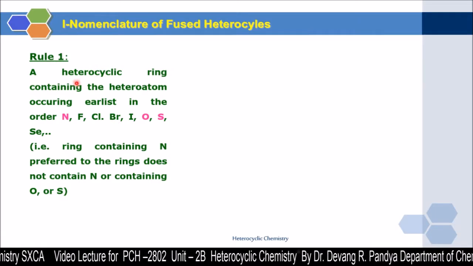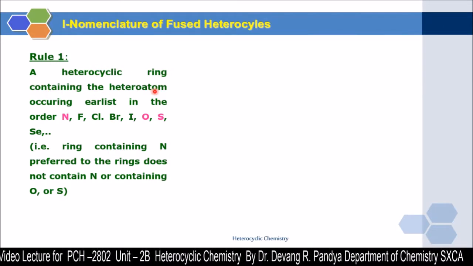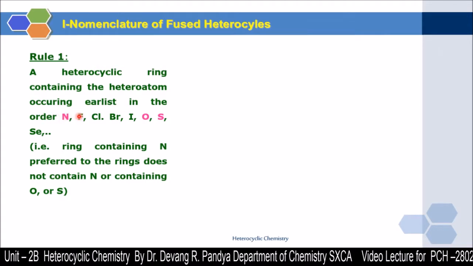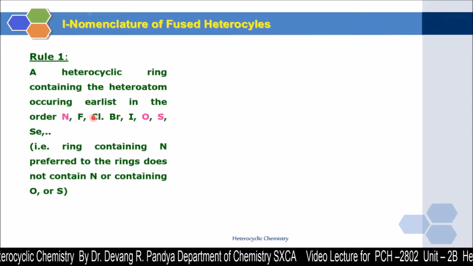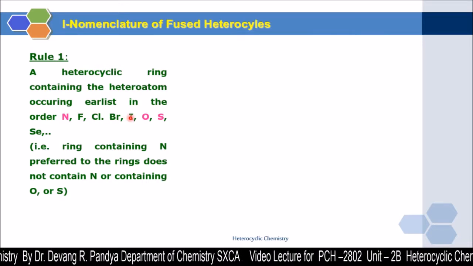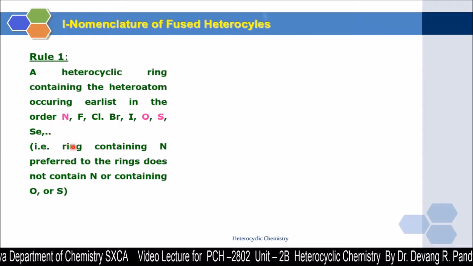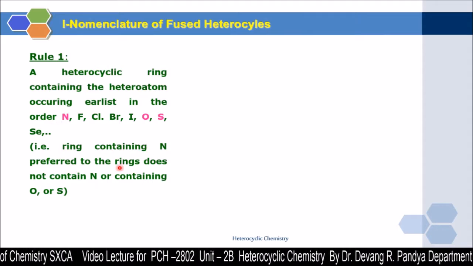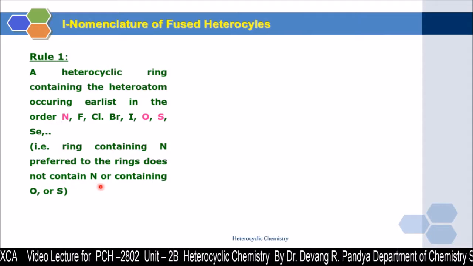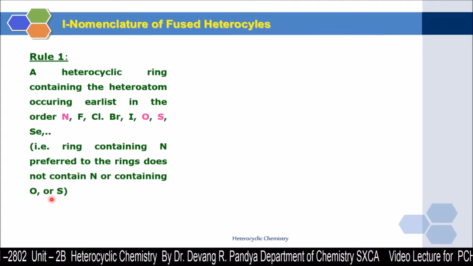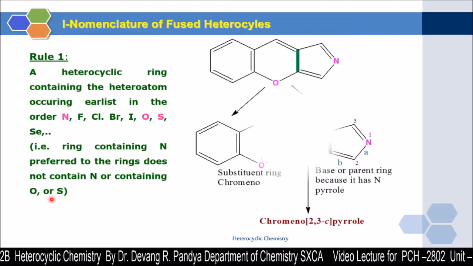A heterocyclic ring containing the heteroatom occurring earliest in the order, that is nitrogen, fluorine, chlorine, bromine, iodine, oxygen, sulfur, selenium, etc. A ring containing nitrogen is preferred to rings that do not contain nitrogen or that contain oxygen or sulfur. That you need to note down.